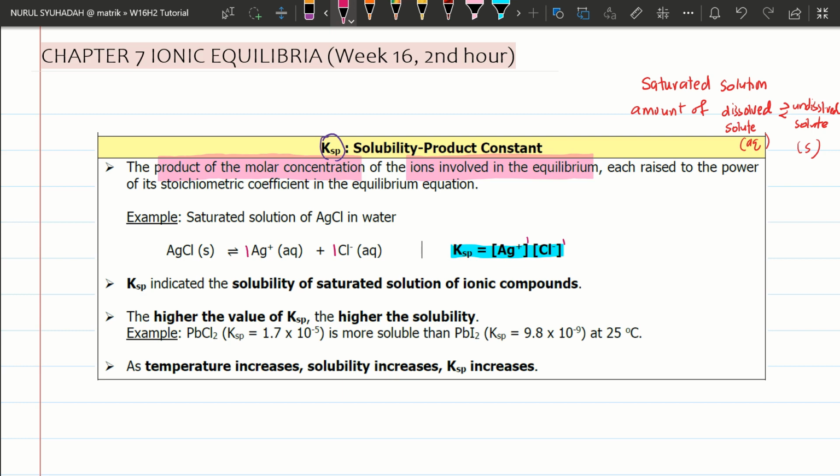Okay, so what does this KSP indicate? Okay, so KSP indicate the solubility of saturated solution of ionic compound. Kiranya the value of KSP menunjukkan the ability, kebolehan, the ability of your ionic compound here. Contoh macam AgCl. Okay, berapa banyak yang dia boleh larut dekat dalam air.